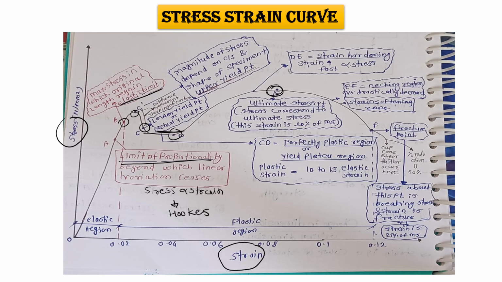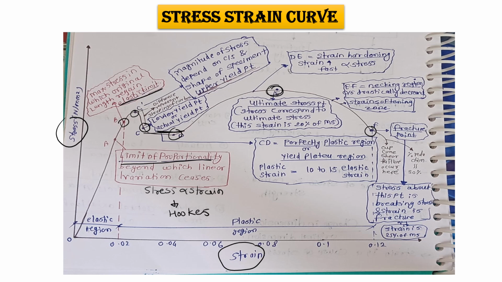Then from E to F, that is the necking region. In that necking region, the cross-sectional area of mild steel is drastically reduced. That zone is the strain softening zone.